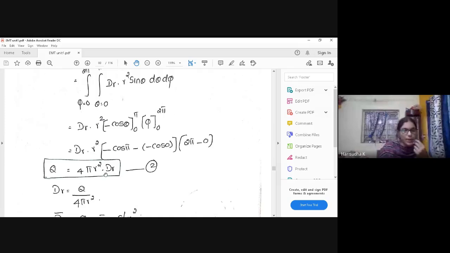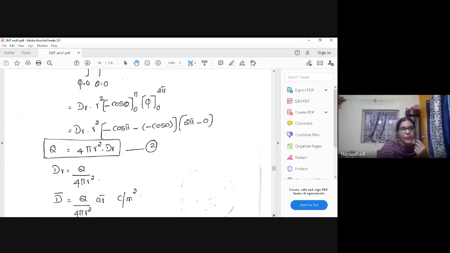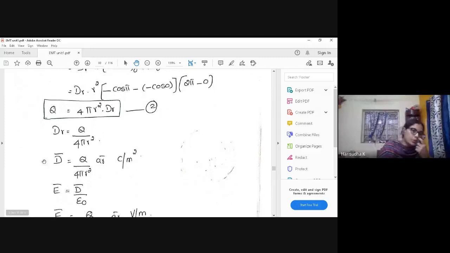So cross multiplying, I'll get Dr is equal to Q divided by 4 pi r square. And therefore D is equal to Dr into ar unit vector. I'll repeat, I have found only Dr. So D is nothing but Dr into ar unit vector. I know what is Dr, so I have written it along with the ar unit vector.